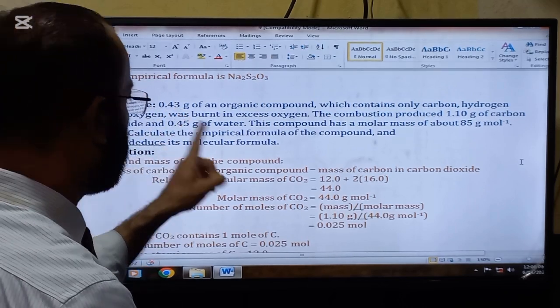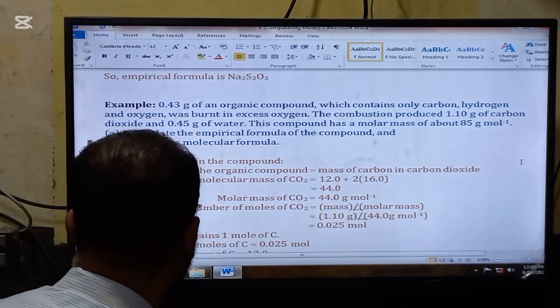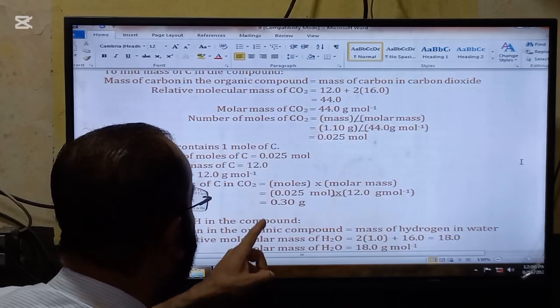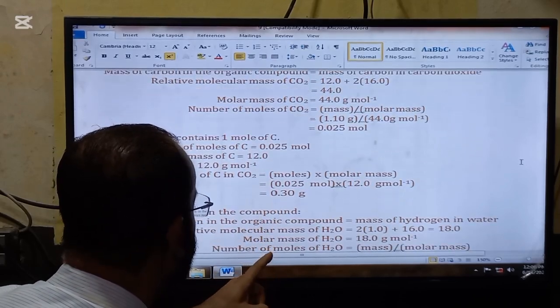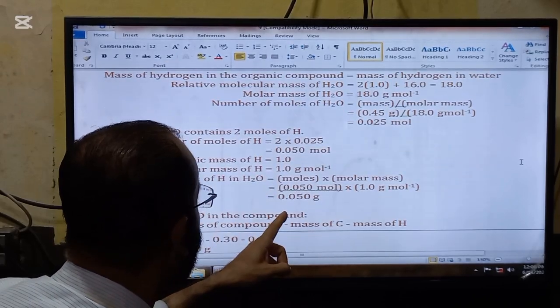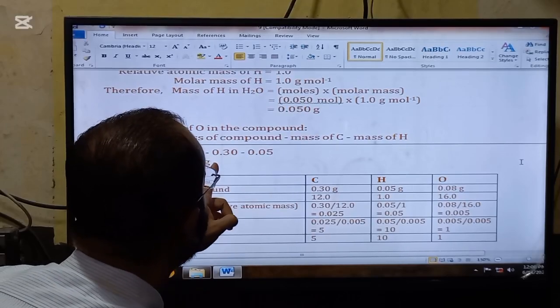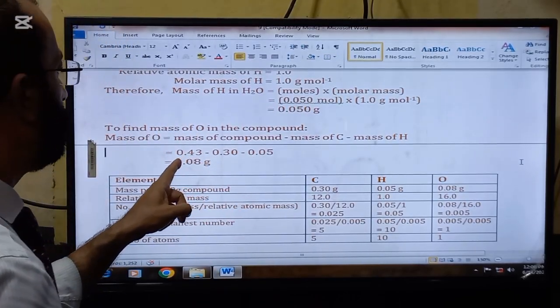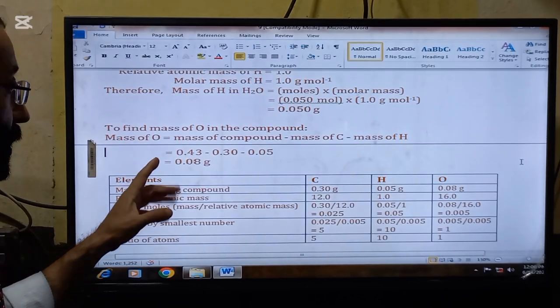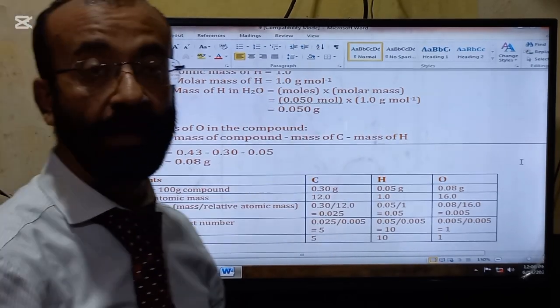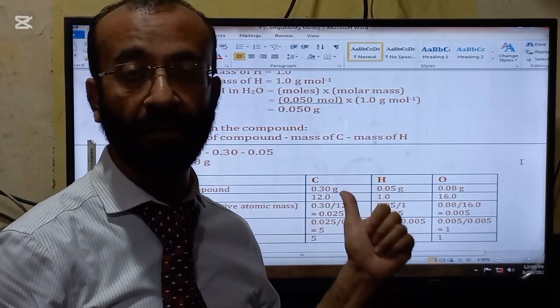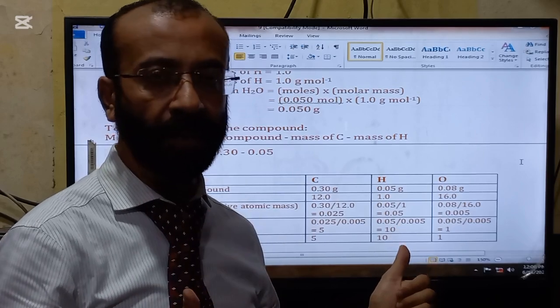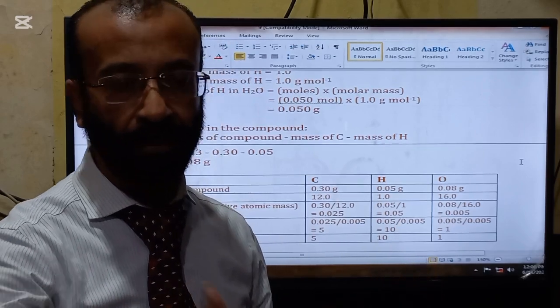So 0.43 minus, here is the mass of the carbon and here is the mass of the hydrogen. So when these 2 masses are subtracted from the full compound, we will get the mass of the oxygen. So this is the tough process after which we have come here.